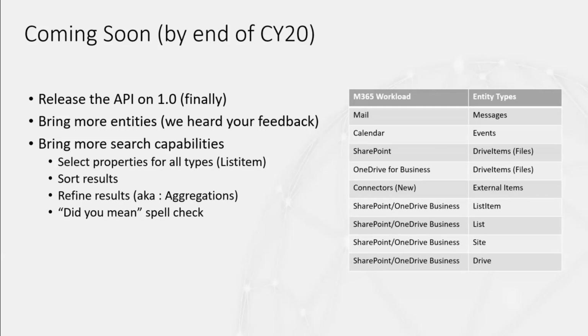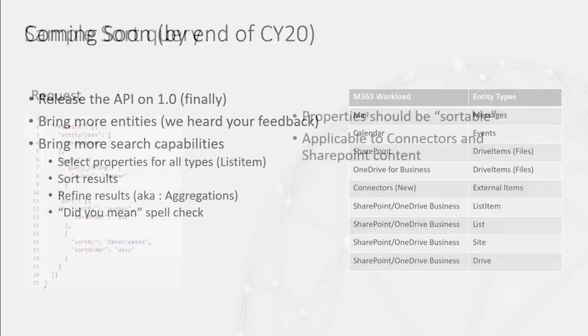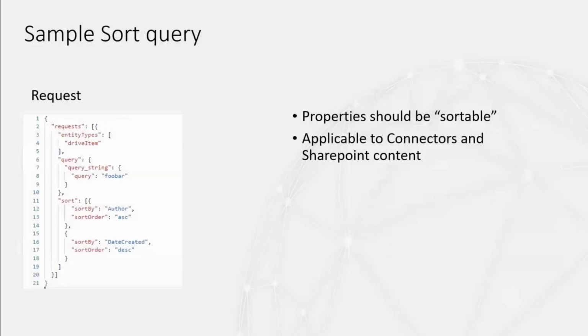What I'm proposing to show you in the next two slides is how sort will look in the Graph request. So first, for those of you who are not familiar with the Microsoft Search API in Graph, we are having a post payload. We are a little bit different from other payloads.